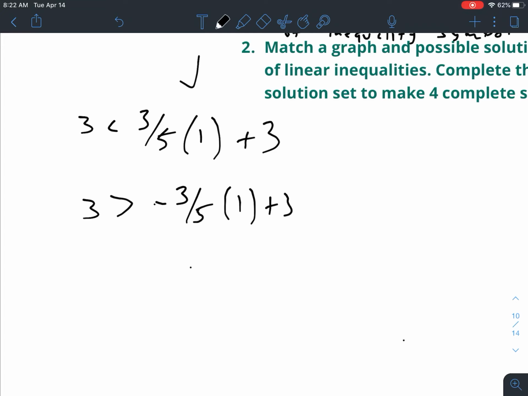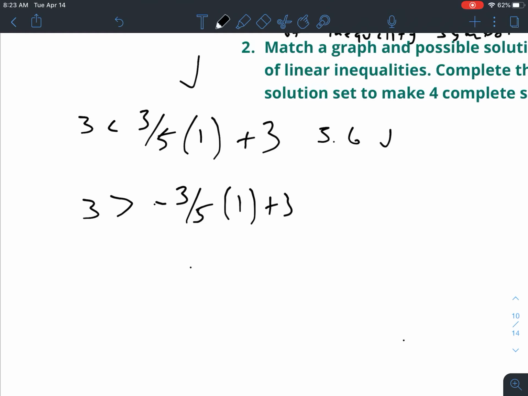So 3/5 times 1 just gives us 3/5, plus 3 gives us 3.6. So 3 is less than 3.6. That's true.